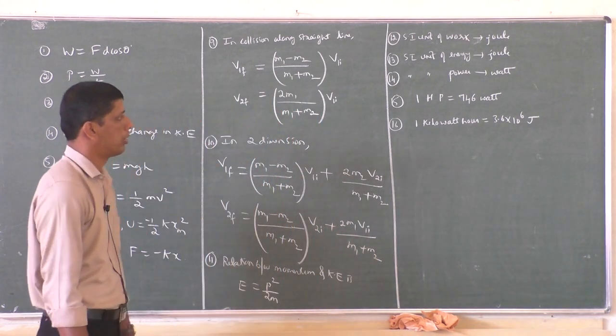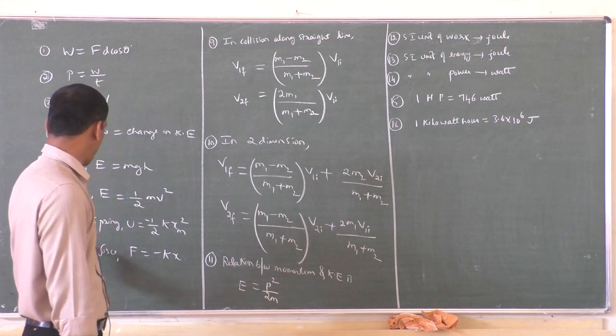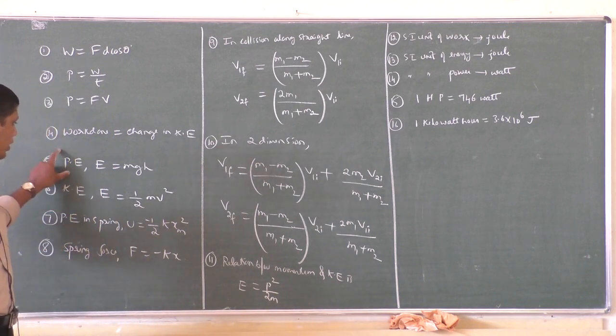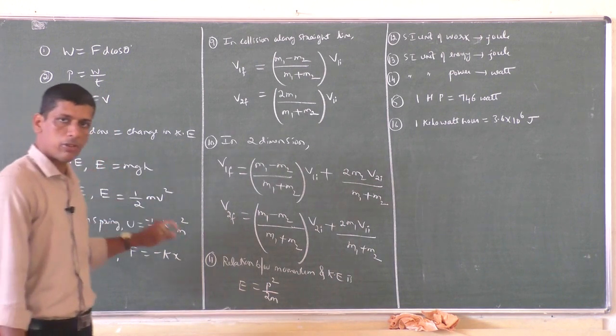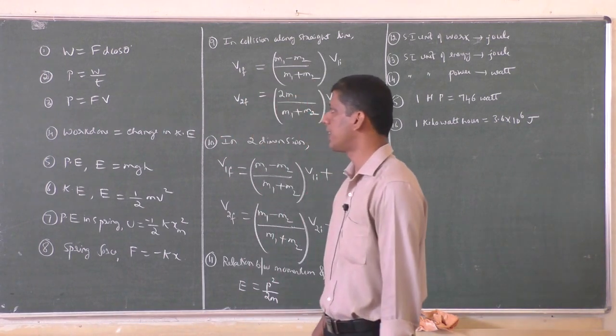So this many formulas arise in this chapter: potential energy of a spring, spring force, kinetic energy concept, potential energy concept, and work done by a variable force as well as by a constant force. Both give work done equal to change in the kinetic energy.